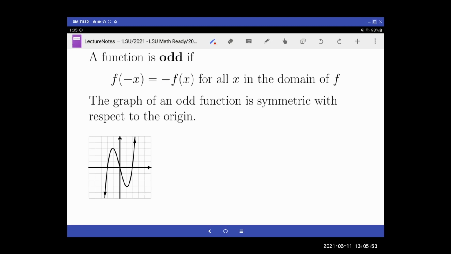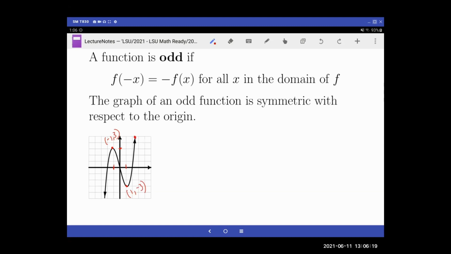I know it's not quite there, but we'll say this one is at negative 1, 3. Now let's say what happens at positive 1. Oh, positive 1, negative 3. The y value changed its sign. The absolute value stayed the same, but the sign changed. That's true throughout.